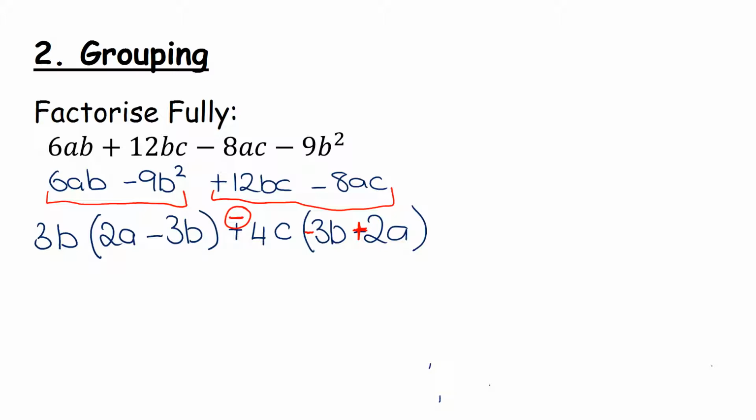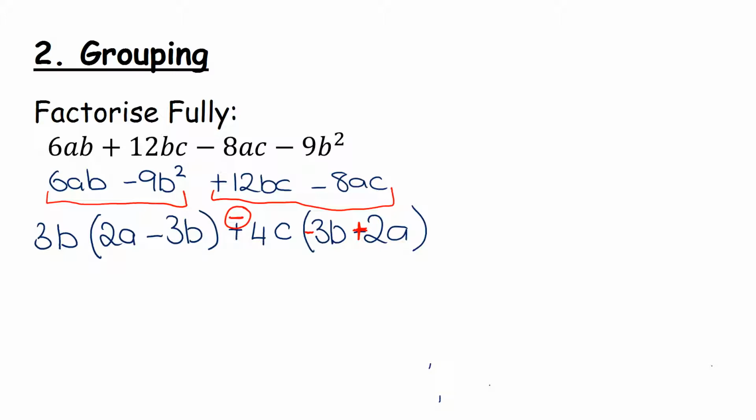Okay, does that still give me what I started with? Well, minus 4c by minus 3b, minus multiplied by a minus gives me my plus, my 4 by my 3 gives me my 12, and my c by my b gives me my bc. So that's perfect. Here, my minus 4 by plus 2 gives me my minus 8, and my c by my a gives me my ac.